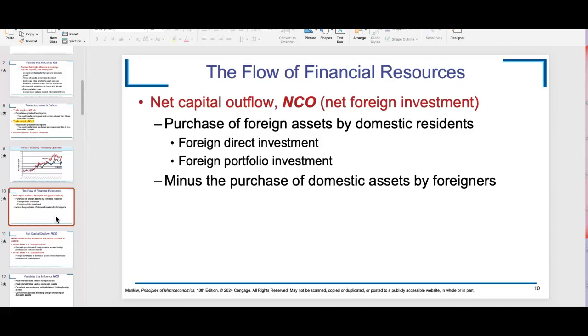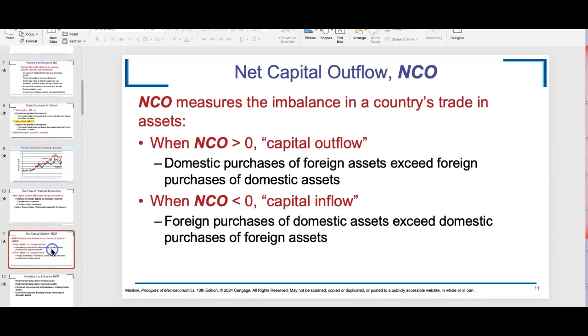So instead of talking about imports and exports of goods and services, we're talking about purchases of domestic U.S. assets by foreigners and the purchase of foreign assets by U.S. residents, basically. So it's the same thing. We're just replacing goods and services with assets, right? With financial assets.